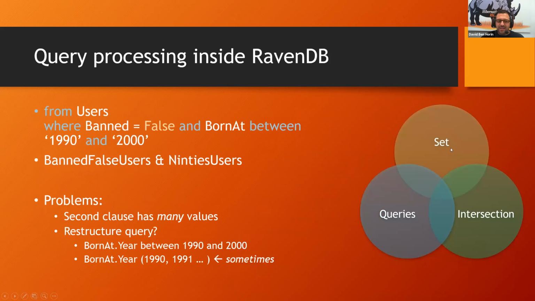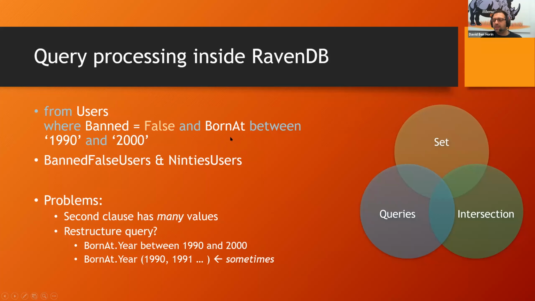So this is the issue. RavenDB internally implements queries as, or to be more exact, Lucene, which is what we use, implements queries as set intersection. So born at between this and this says basically intersect these two. Now, this may be a problem.